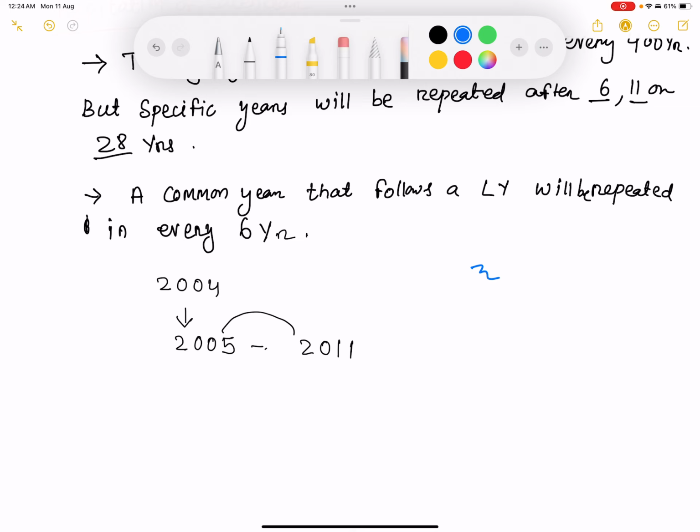Okay, now then remaining 2 years, suppose 2006 and 2007, they will be repeated every 11 years. Okay, means next one, 2006 is having the same calendar as 2017, and 2007 is having the same calendar as 2018.